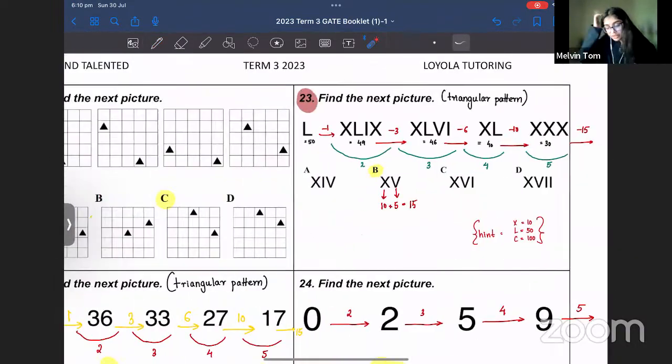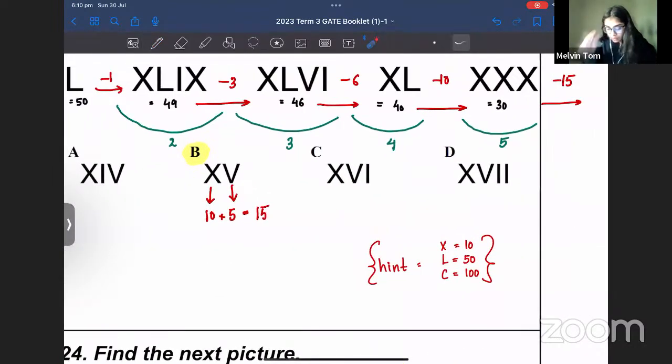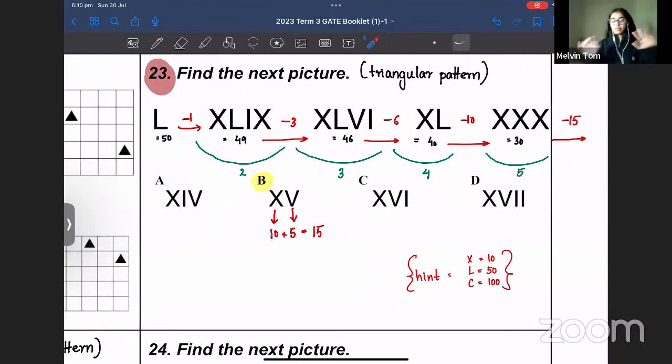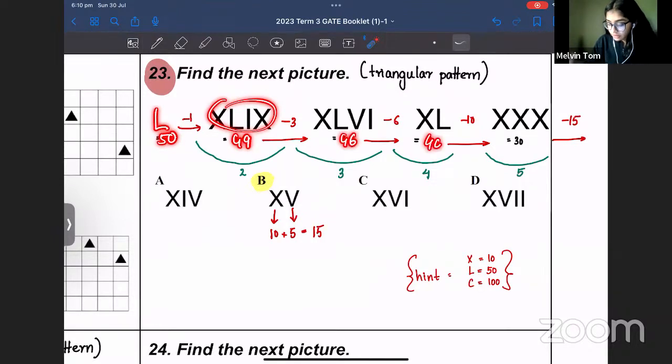Yes. Question 23. Very, very easy. I'll give a very quick run of this. L is 50. This one is 49, 46, 40, and 30. All good? Now, the difference between 50 and 49 is 1. 49 and 46 is 3, then 6, 10, 15.